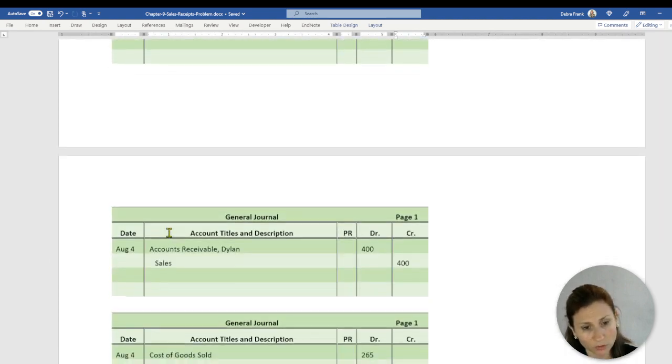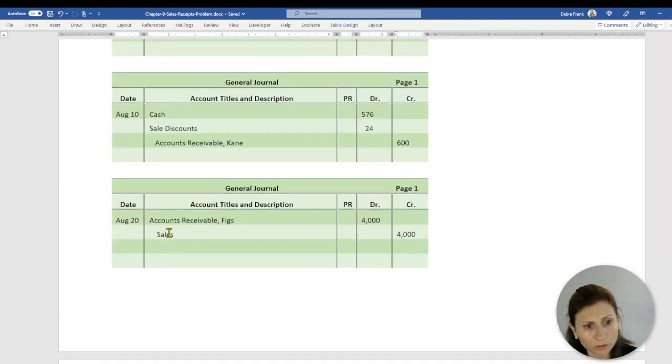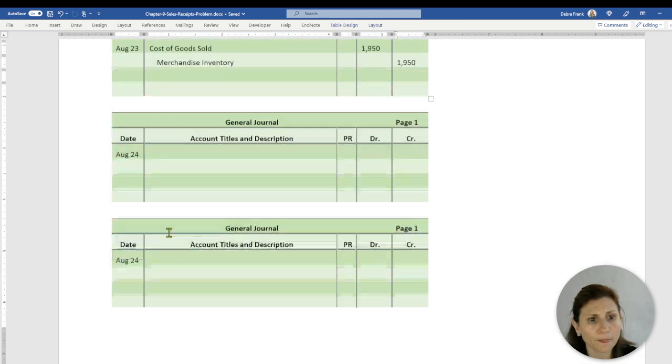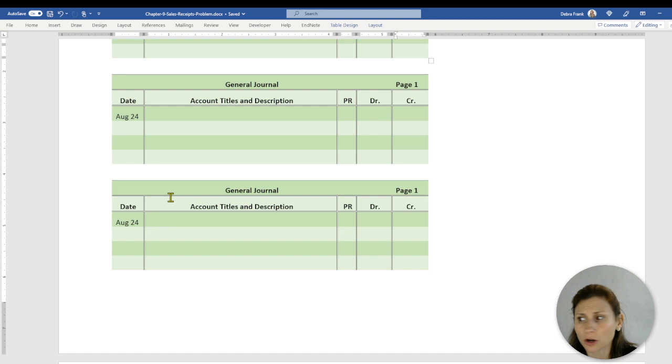So August 24th. We have a return that we need to record. And it's a two-parter again. So we want to keep track of all our returns. Instead of debiting a sales account, we're going to make a new account called sales, returns, and allowances. And that's going to keep track of all our returns or any discounts we give, maybe for faulty equipment or something that's missing or it's not the right color.